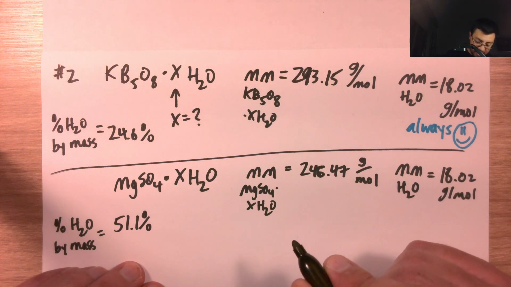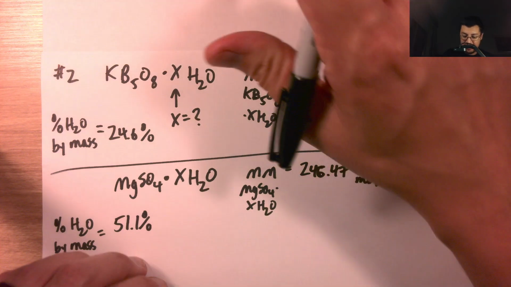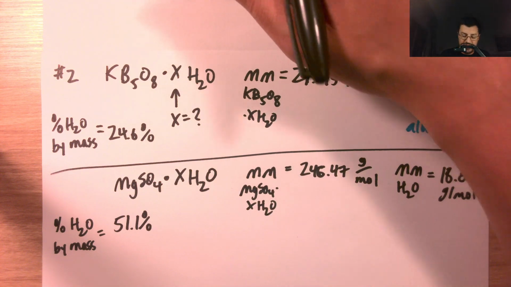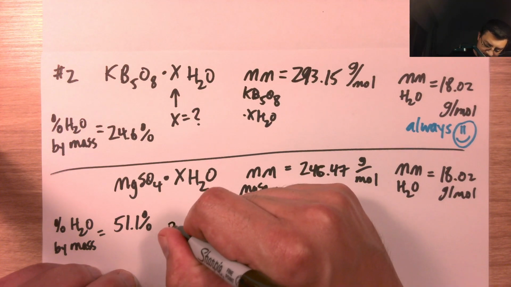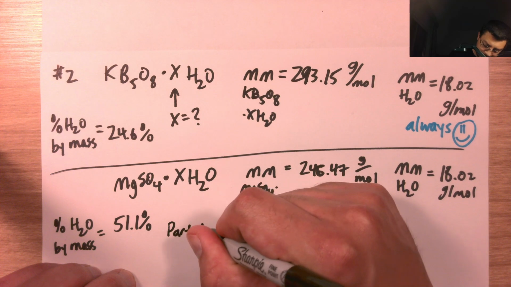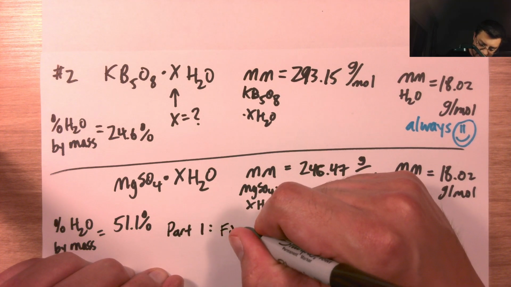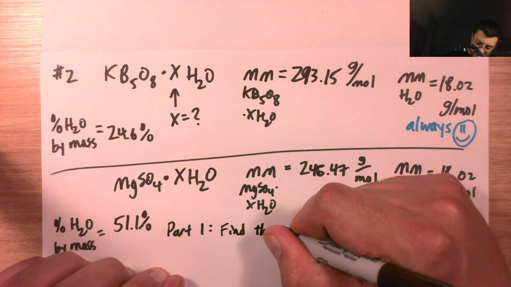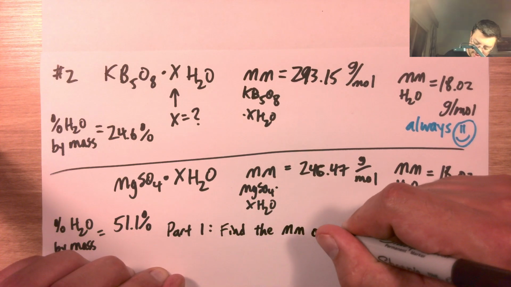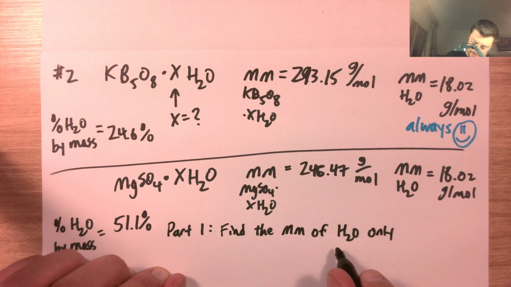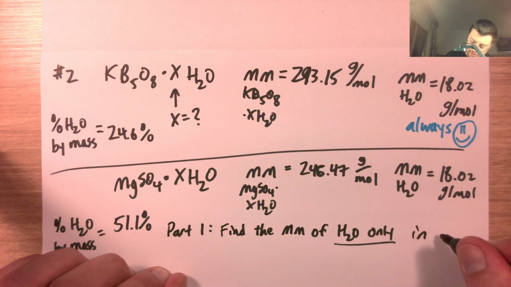All right, so the way we want to set this up is, I think we'll do this in 2 parts. So part 1 will be to find the molar mass of H2O only in the chemical formula.